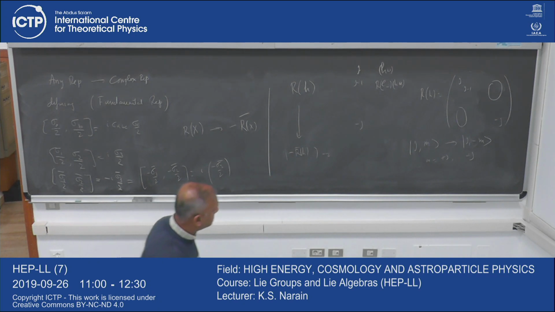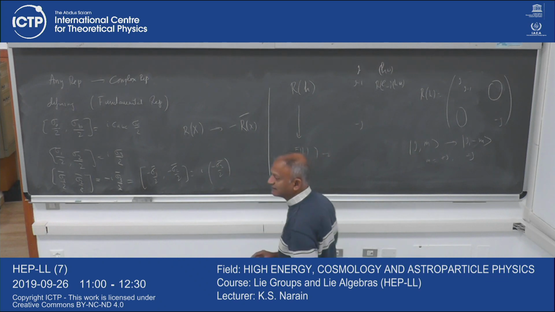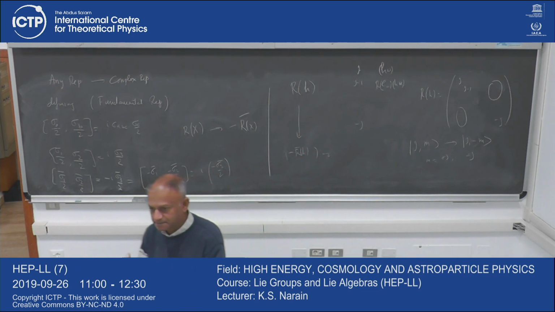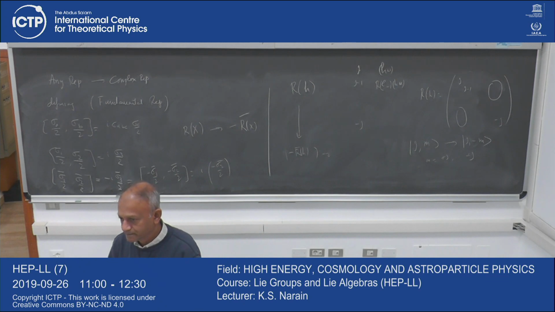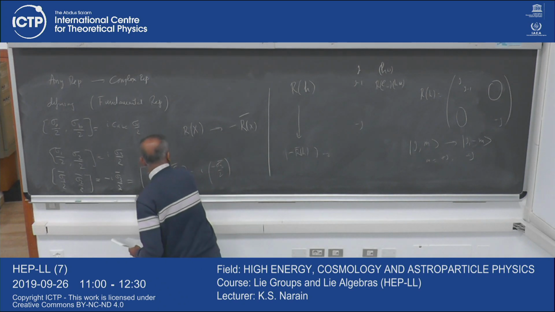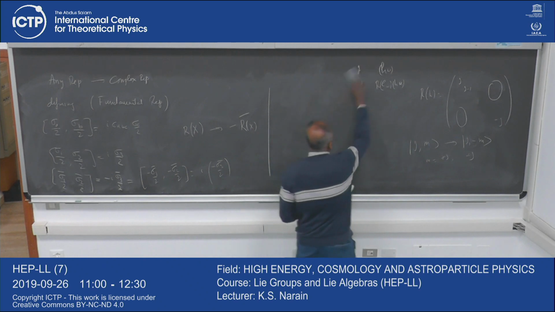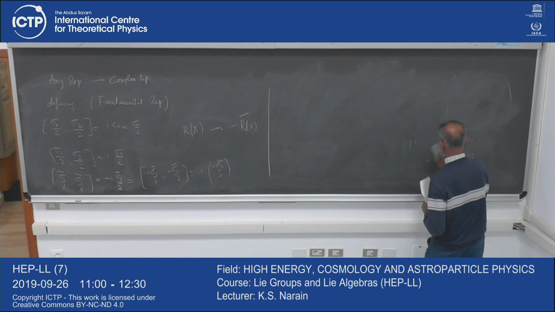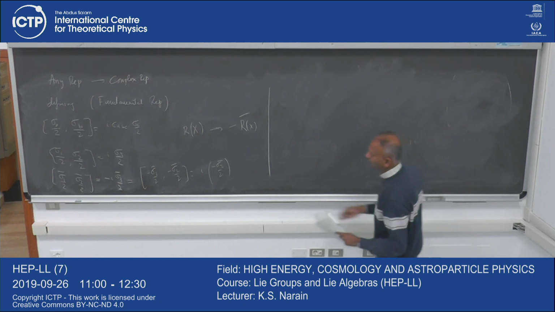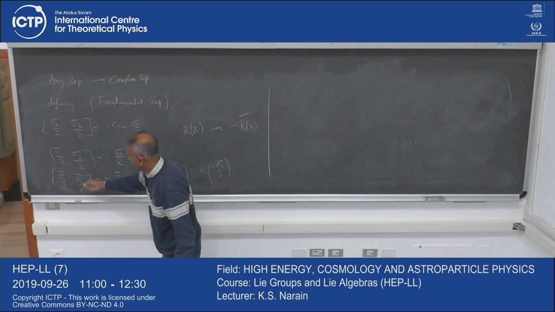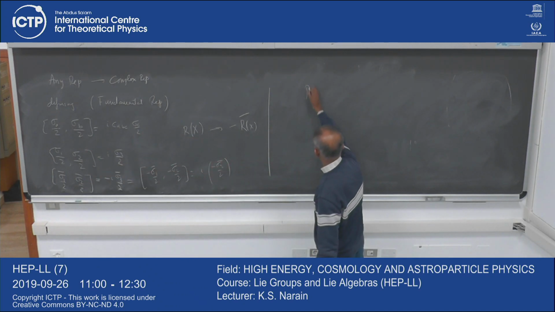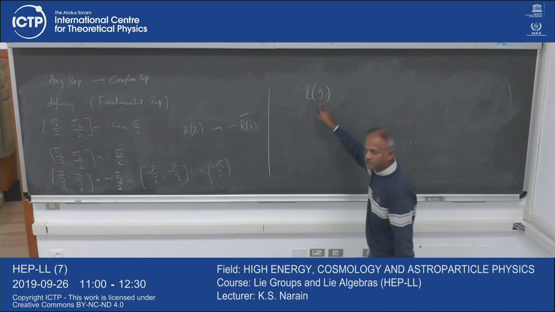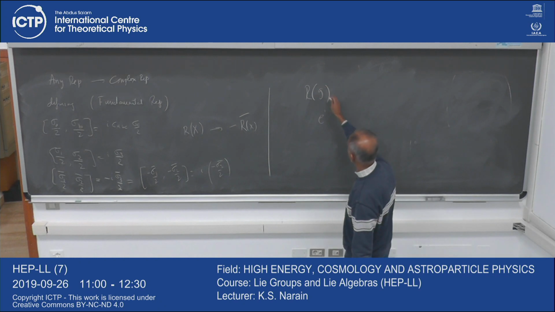Now, the complex conjugate representations are useful to define an inner product which is invariant under the group. That is discussed in the next section. If I look at a fundamental representation, at the level of generators you also have the representation of the group G, because G is nothing else but the exponential of the various generators.